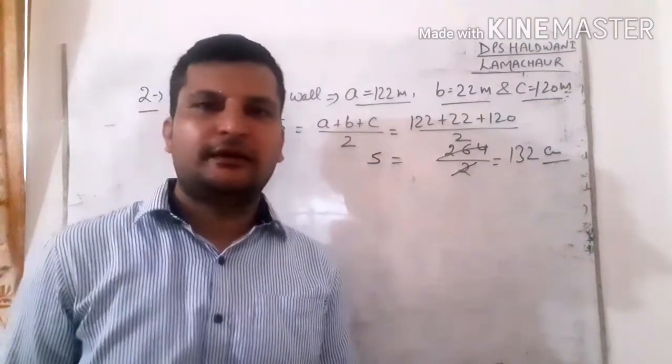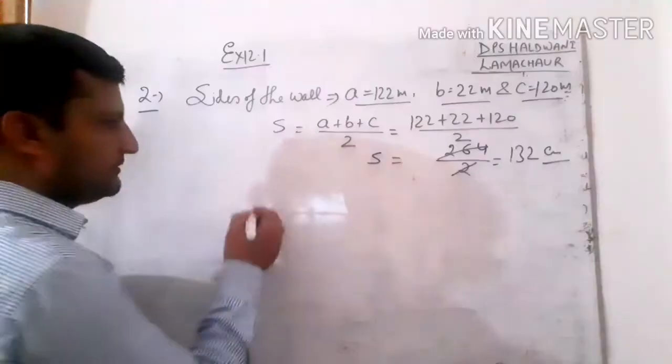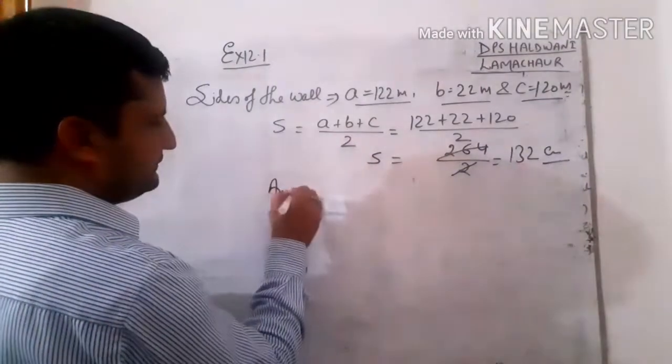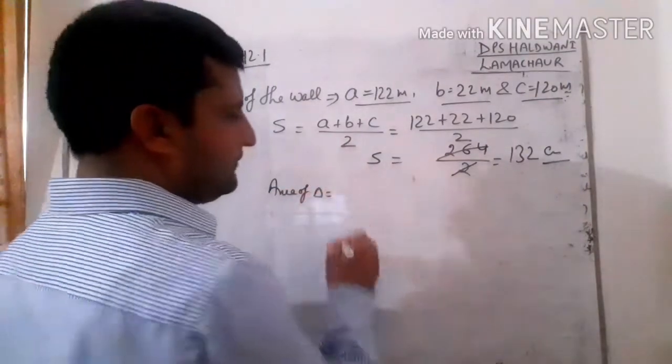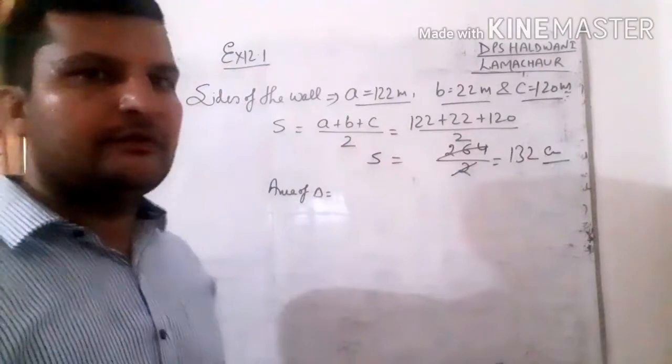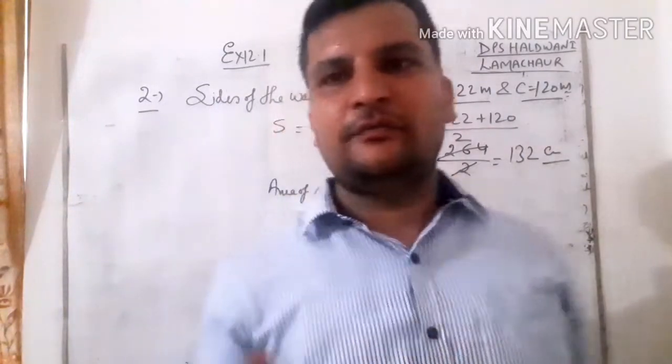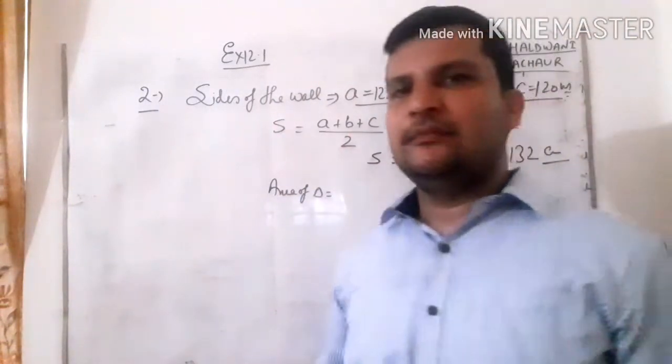Now student, we have to find the area. So we have to use the formula again, area of triangle. We have to note down the formula again and again because when we write the formula 2 times, 4 times, 6 times, we will remember it.